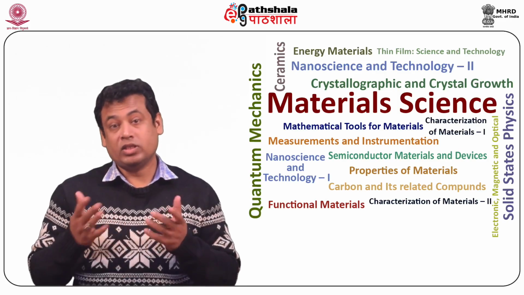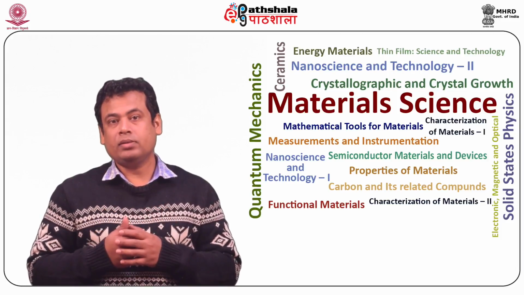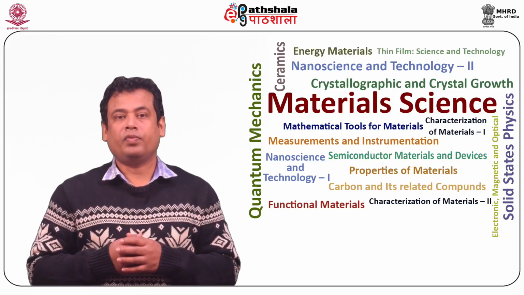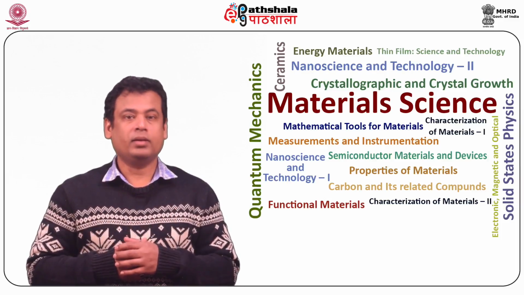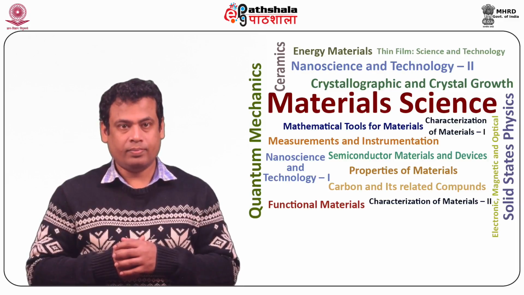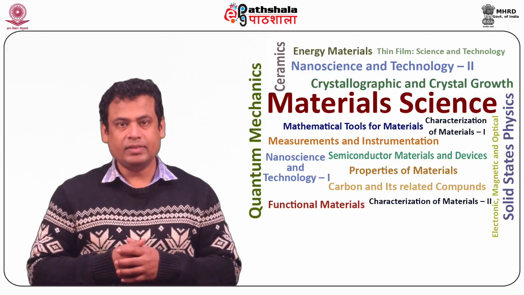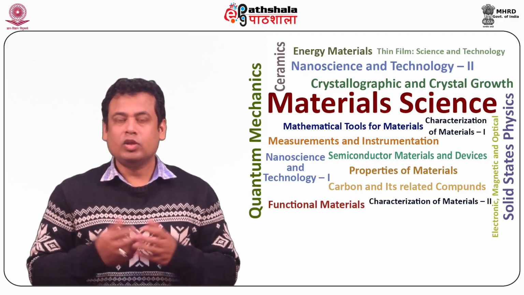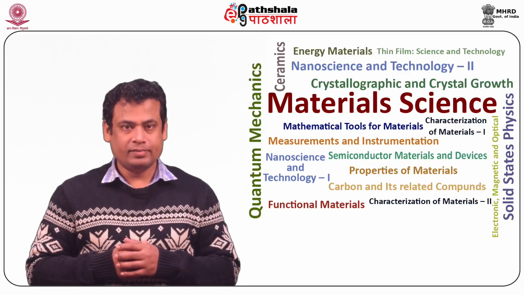So students, let us summarize what we have learned in this module. The efficiency of nonlinear optical processes is determined by the nonlinear susceptibility of the medium and the phase mismatch parameter. To achieve high optical energy conversion efficiency, the phase matching condition, which is delta k equal to 2k1 minus k2 equal to 0, has to be fulfilled.